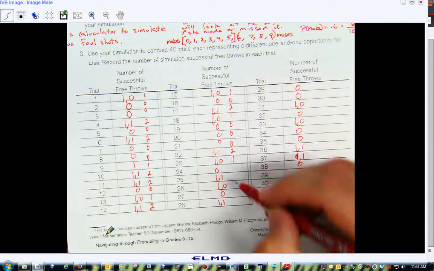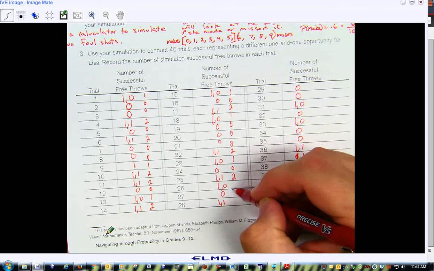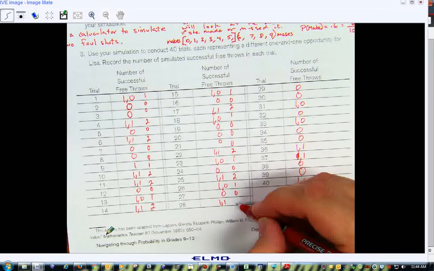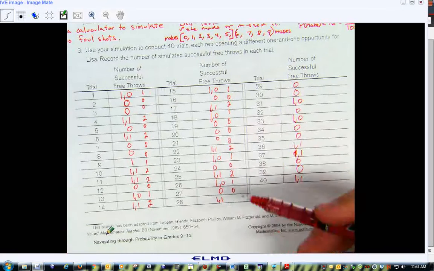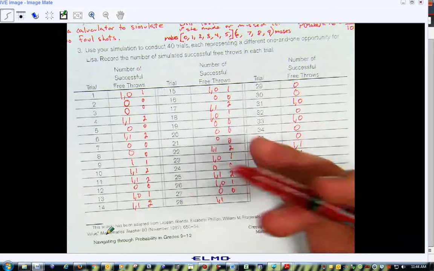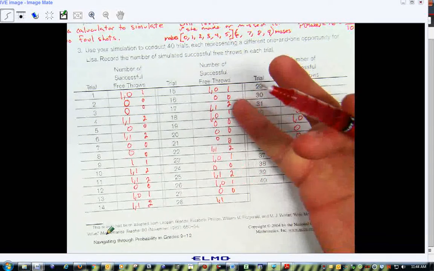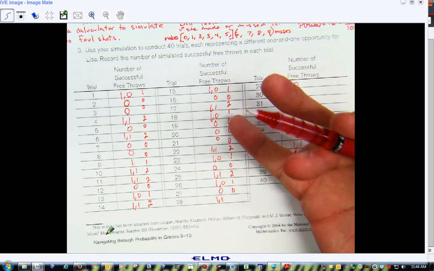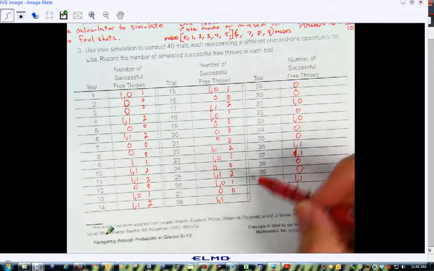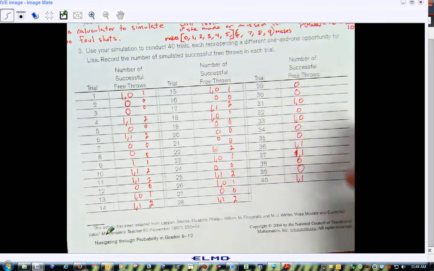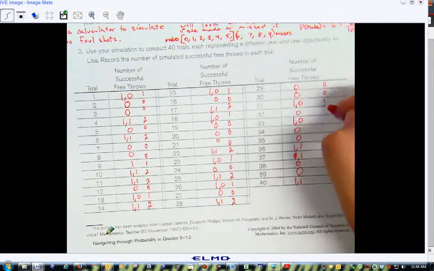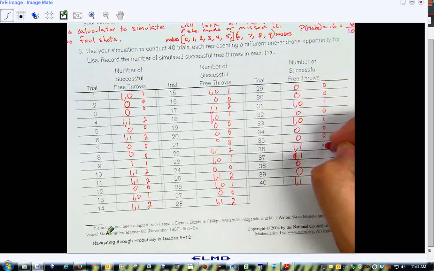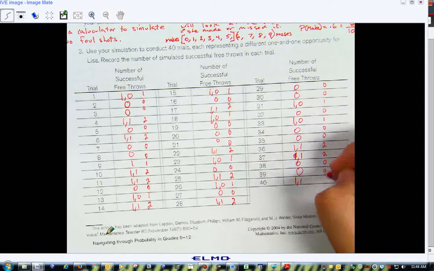When I do these, I like to put as much information on these as I can, because now when I look at this, I can tell that if it's a 2, it's 1 and 1. If it's a 1, I know it's 1 and 0, and it's not 0 and 1. I've always been of the opinion that you put down as much information as you can.